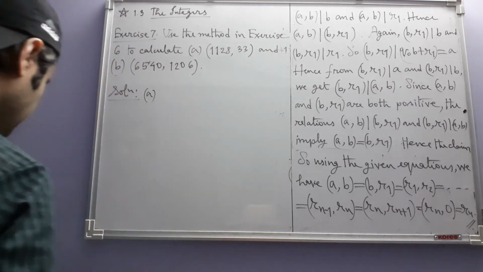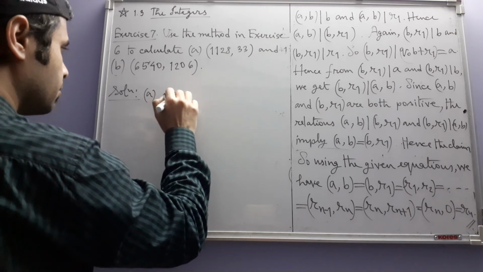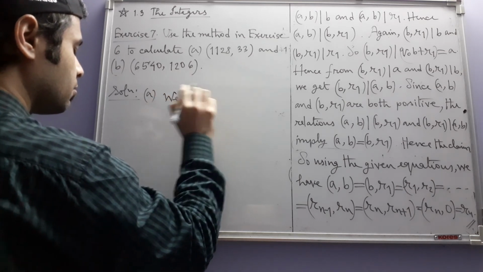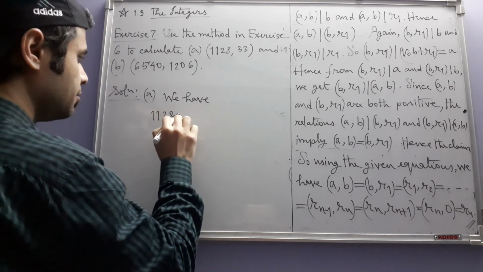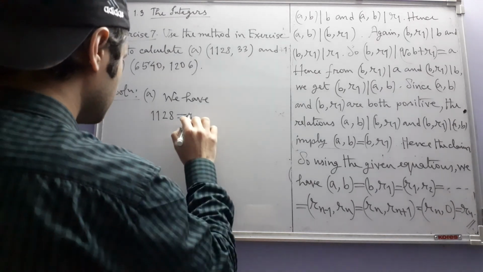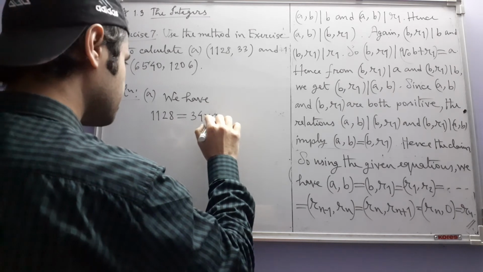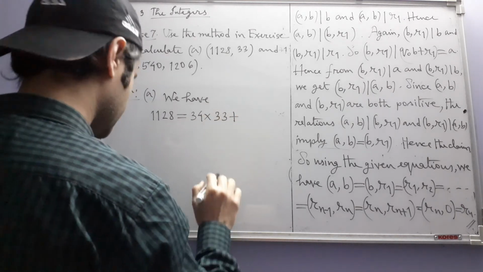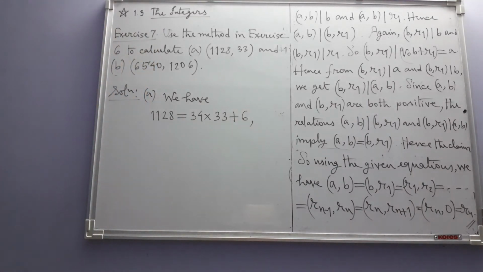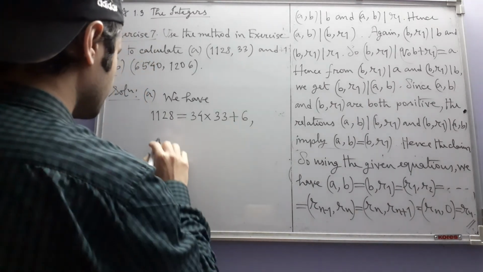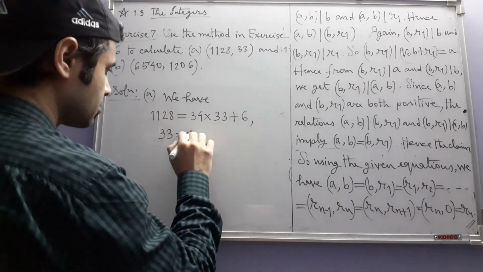So for doing that, first of all, we divide 1128 by 33. The quotient turns out to be 34, and the remainder is 6. You can verify this. Then I divide 33 by 6.